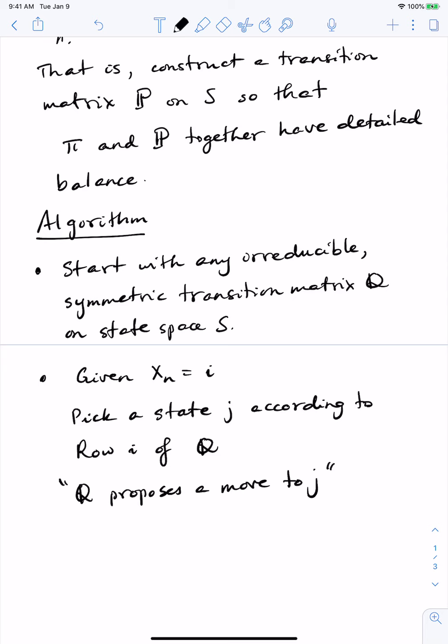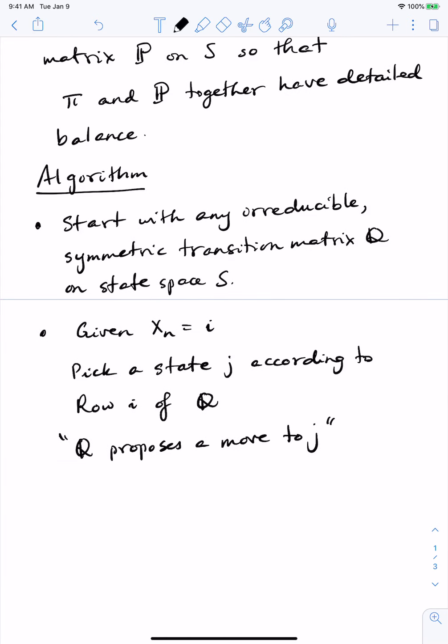Now you get to decide whether you're going to accept this proposal or not. And your decision can involve your criterion. And your criterion is that at every stage you would like to move to a decoder that has a higher score than the one you're at. And so at this point you consider the ratio of the two scores. So this thing is called the acceptance ratio.